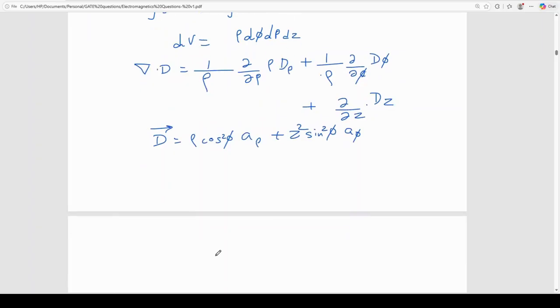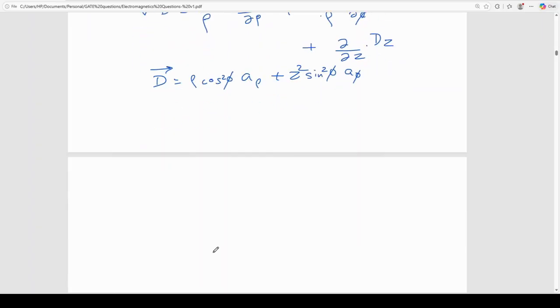Now let us find out what is del dot D. That is 1 by rho dou by dou rho of rho D rho, where D rho is rho cos squared phi, plus 1 by rho dou by dou phi of D phi.